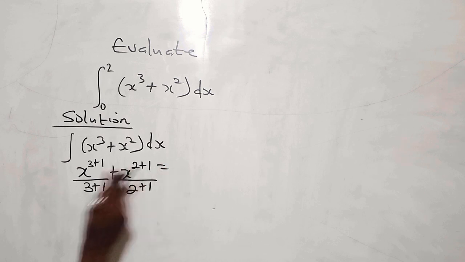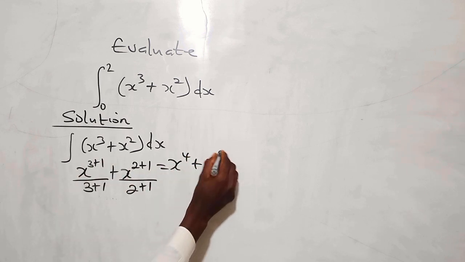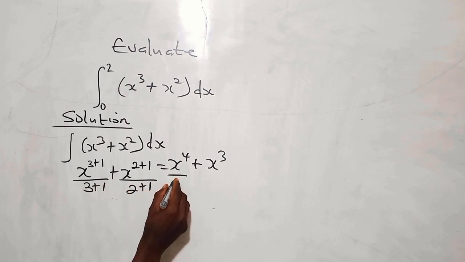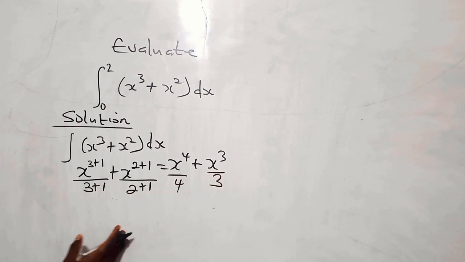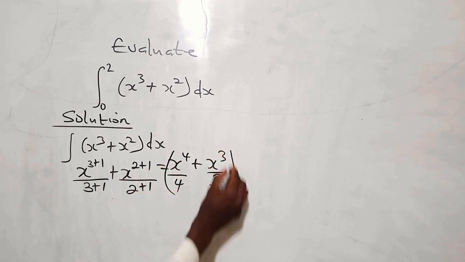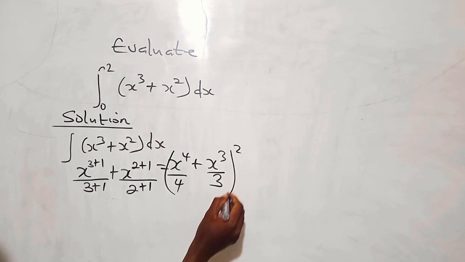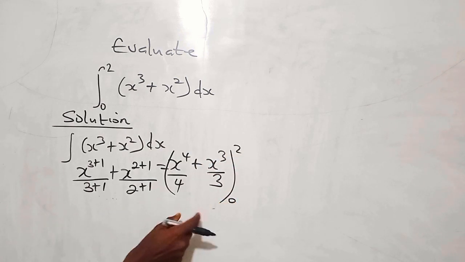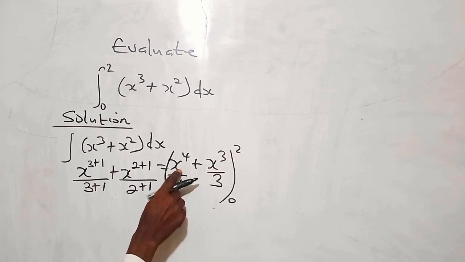Okay, so from here we have x to the power 4 over 4, plus x to the power 3 over 3. Now we can apply the limits of integration, which are 2 and 0. When we apply it, we substitute each value in here.